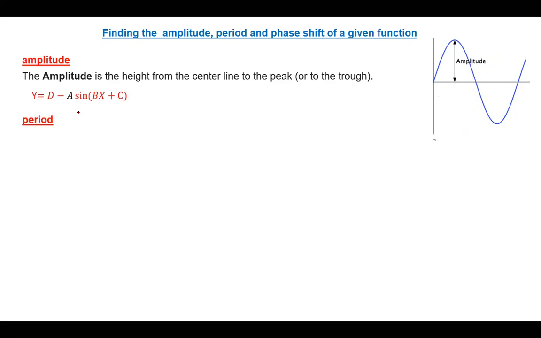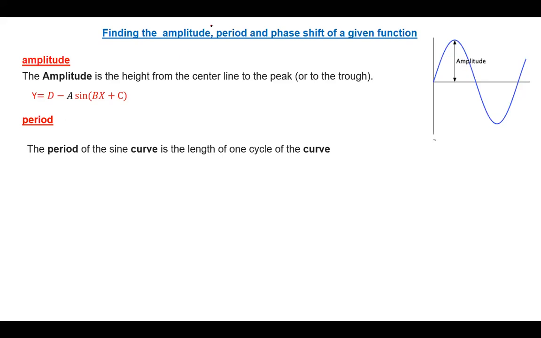The next word is the period. The period of a sine curve, a cosine curve or a tangent curve is just the length of one cycle of that same curve. In physics, the period is sometimes defined as the time taken for one complete oscillation on pendulums. One complete oscillation is the same as one cycle.